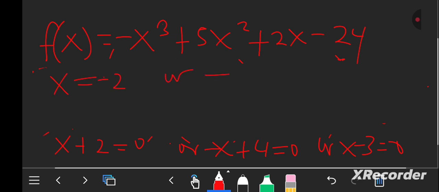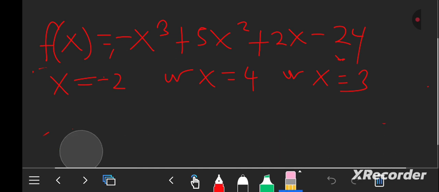For negative x plus 4, you just take negative x to the other side, so you get x is equal to 4. Or x minus 3 is equal to 0, you get x is equal to 3. You can now do the sketching once you reach this point.